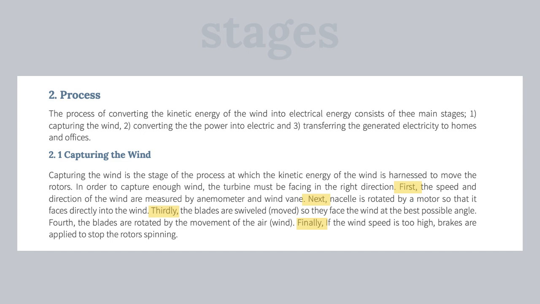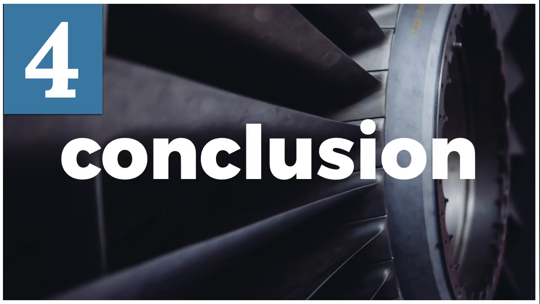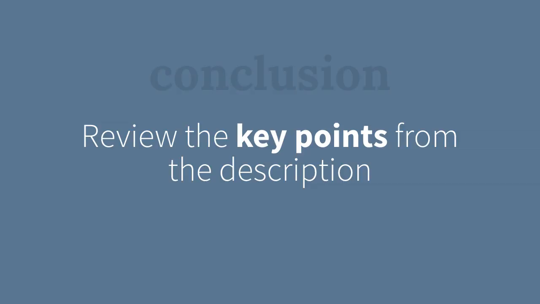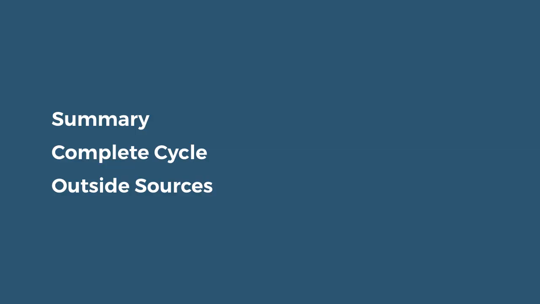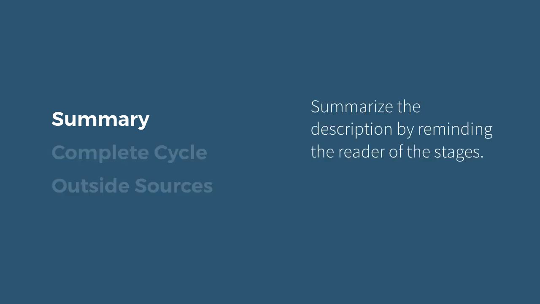Then once you've described each stage, you then go on to your conclusion. And in the conclusion, all you want to do is review the main points from the process description, and then also give a little bit of additional information, just like we did in a product description. So you start with a summary, where you will summarize what the main stages of the process were.